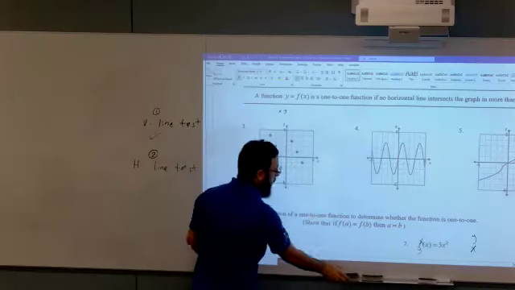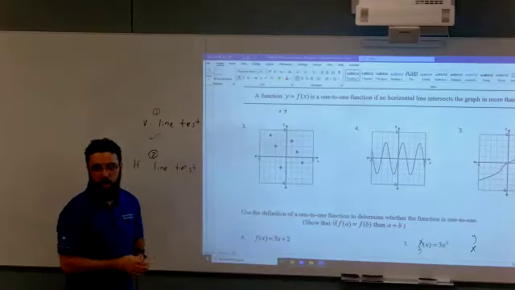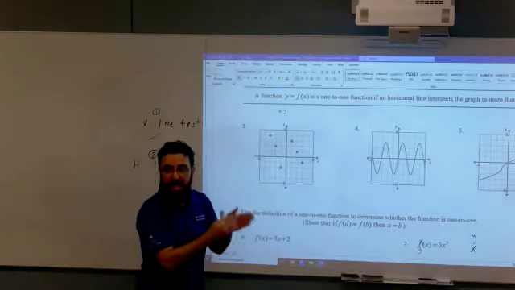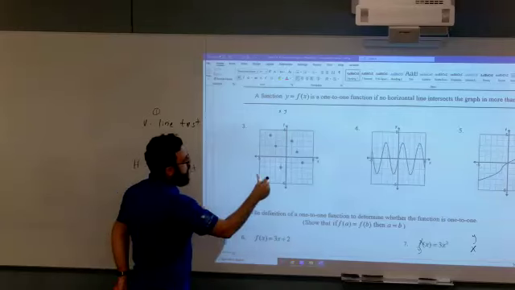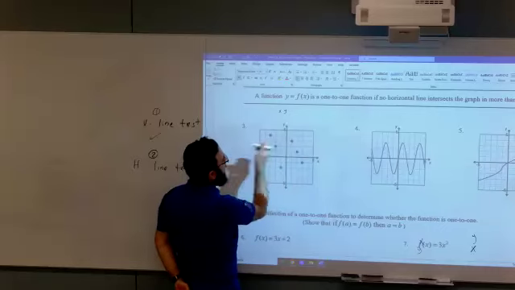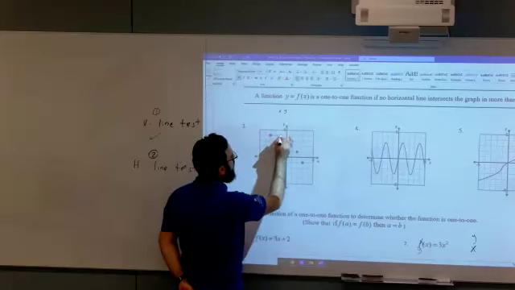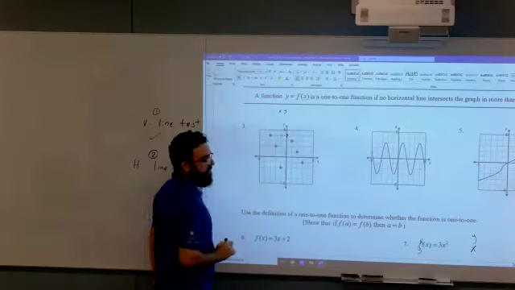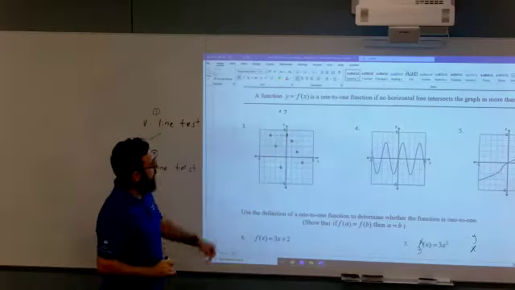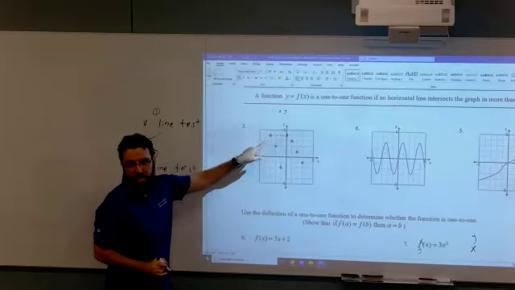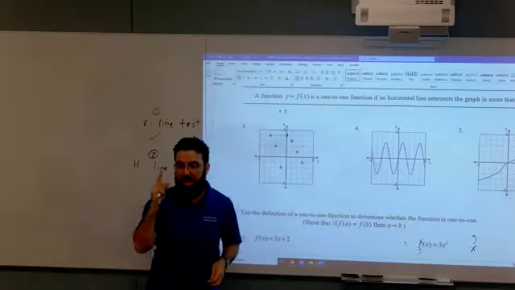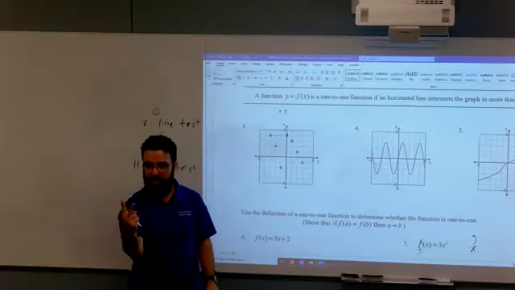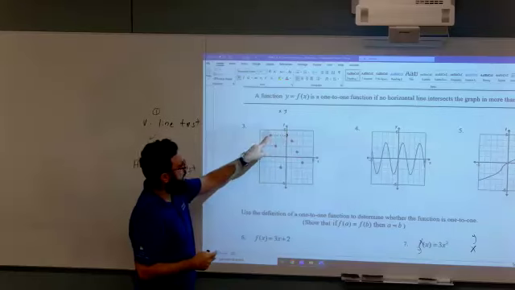Because remember, we flipped the whole relation. We considered the y as the domain and the x as the range. So we're going to do the horizontal line test. Now, each y here goes to 1 x here. At this point, there's only 1 x. You check whether the horizontal line intersects the graph in 2 points or only 1 point.